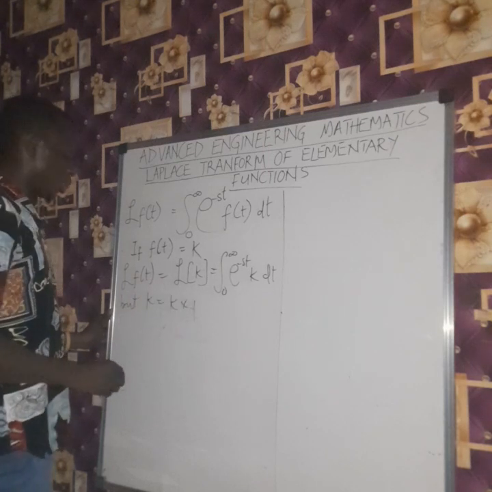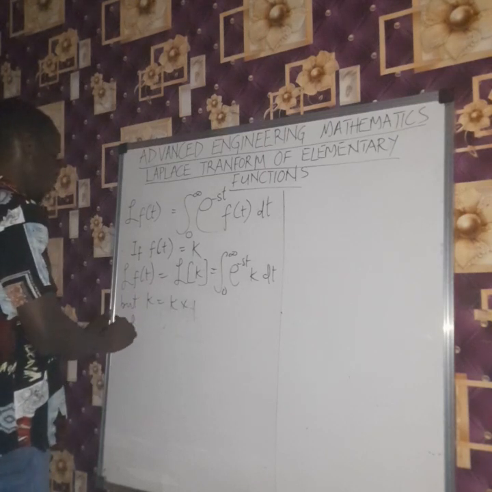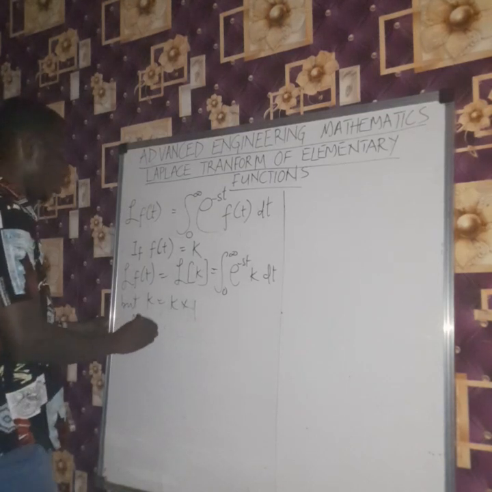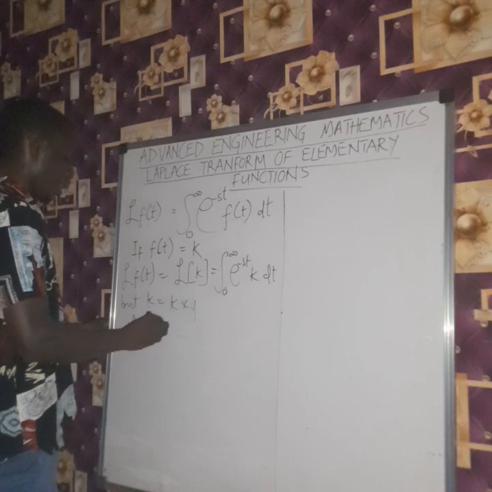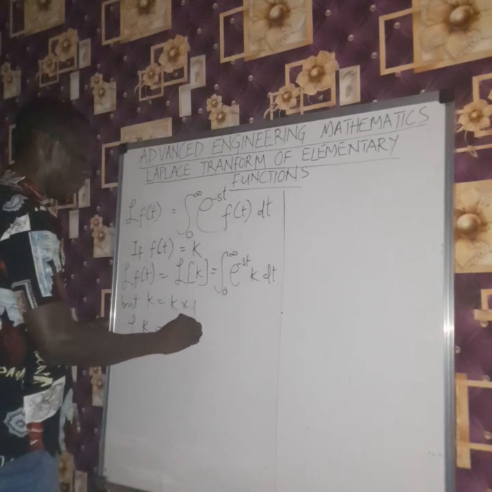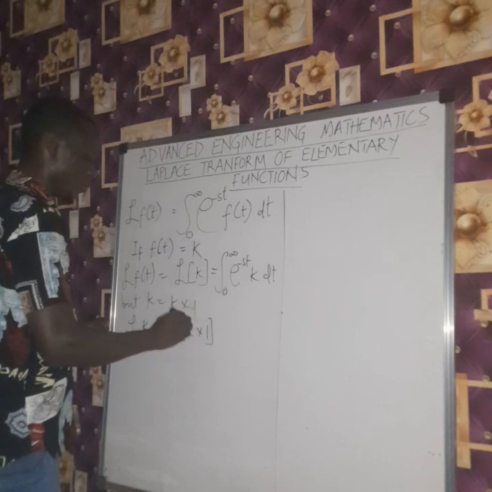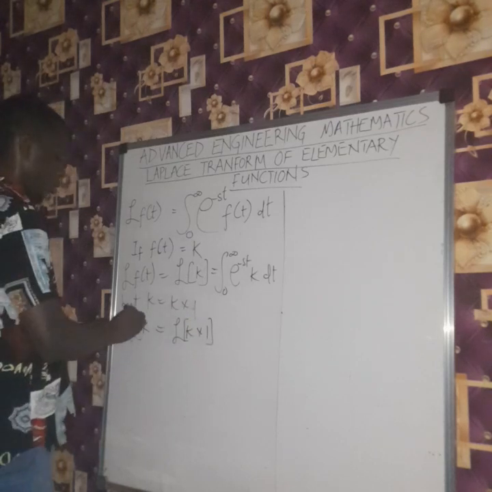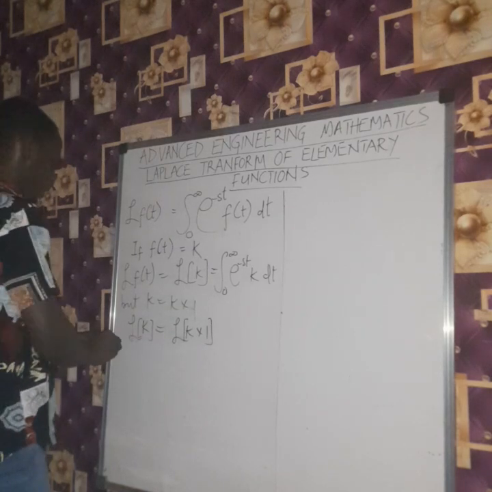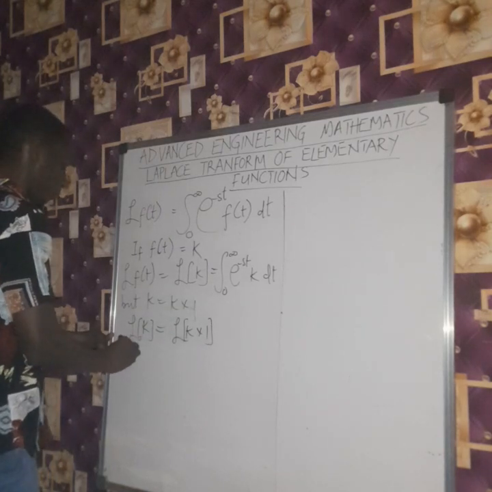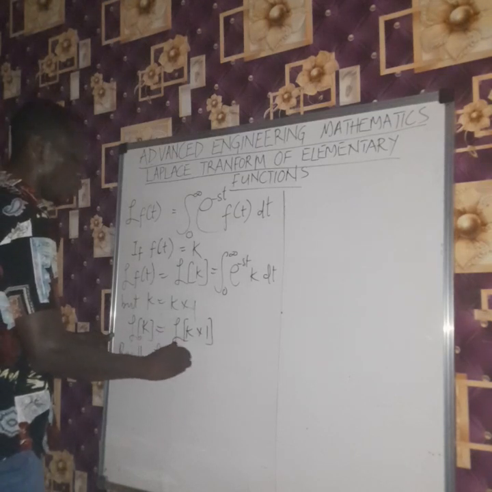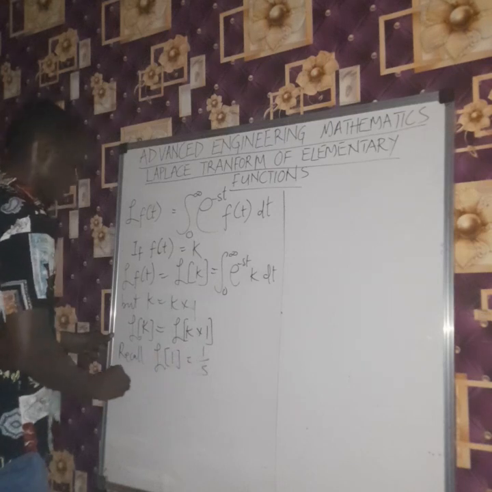If k is equal to k times 1, we have that the Laplace of k in this case is equal to the Laplace of k times the Laplace of 1, right? And what is the Laplace of 1 initially? We have that the Laplace of 1 is equal to 1 over s.